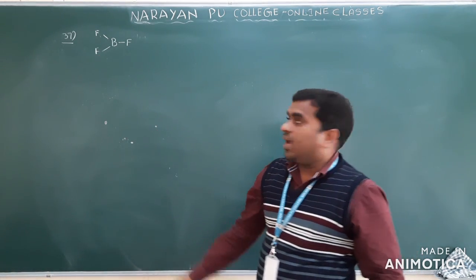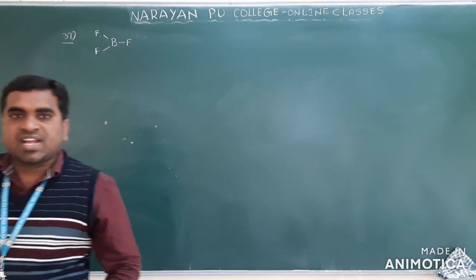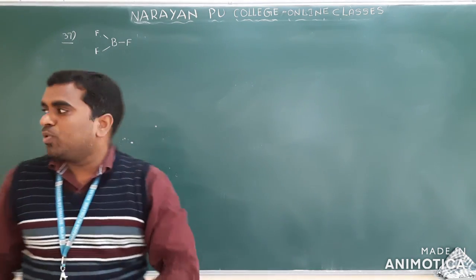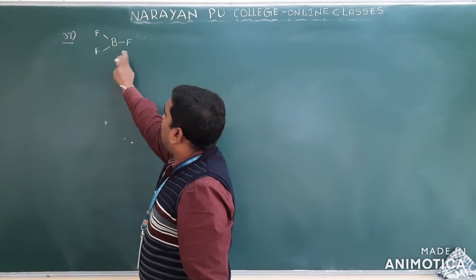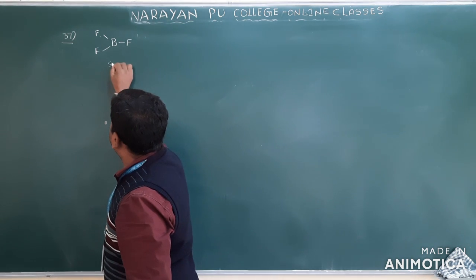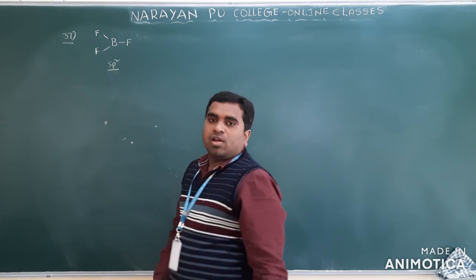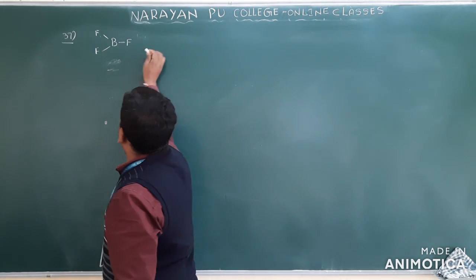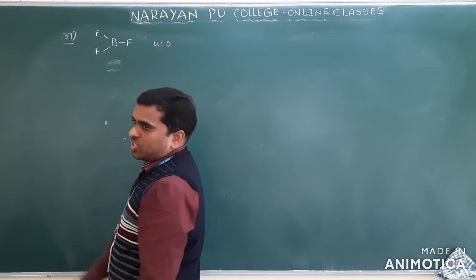Regular shape, because it doesn't have any lone pair. The hybridization is sp2, and there is no lone pair of electrons. Regular shape means the dipole moment will be 0.